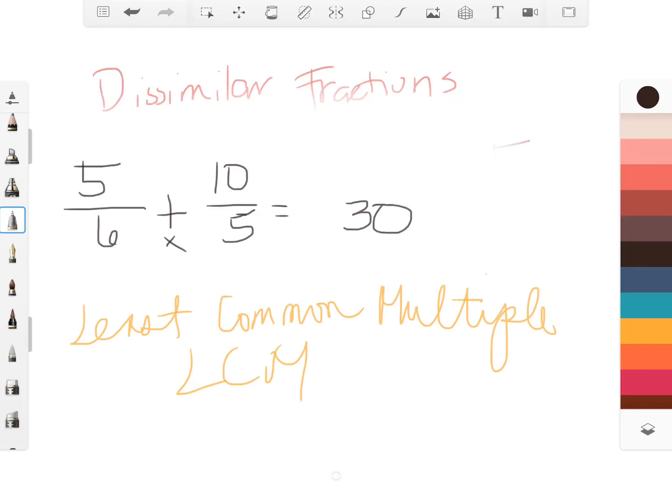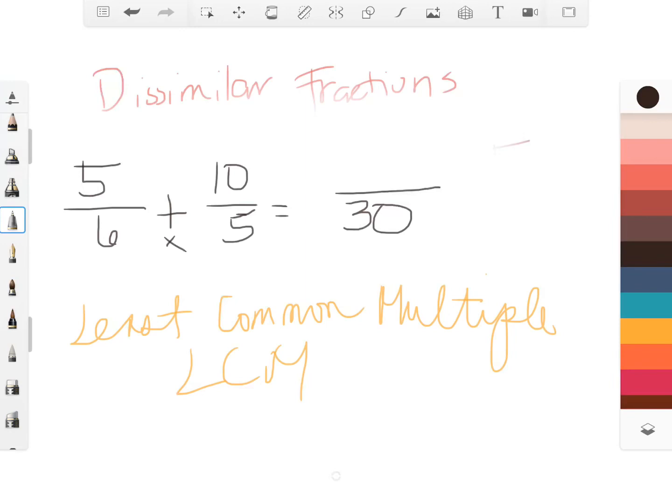And now, the next question: can we add the numerators already? No, not yet. Because our main goal here is to convert 5/6 and 10/5 into similar fractions. So in order to do that, the next step is this process.